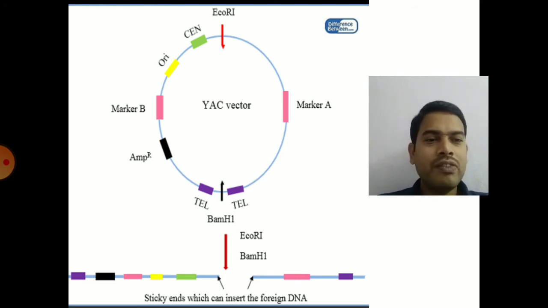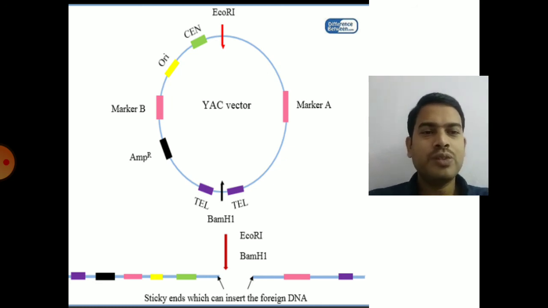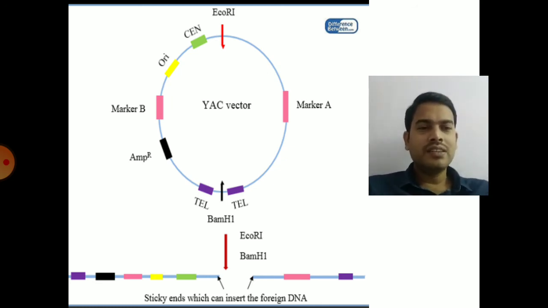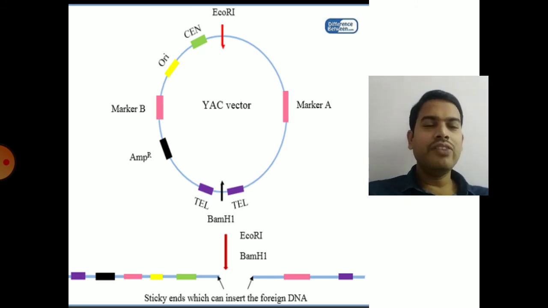So if you express your DNA in eukaryotic cells, then the proteins obtained can undergo post-translational modifications. Hence we use these yeast artificial chromosomes which have a large insert size for your foreign DNA, and you can obtain post-translational modifications of your protein of interest.